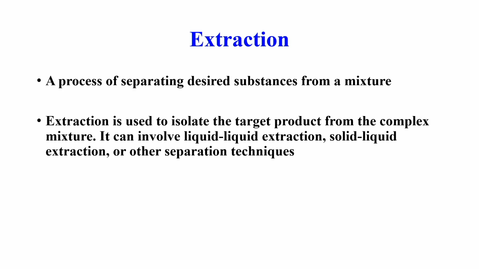So, extraction, what is extraction? As the name suggests, it is a process of separating a desired substance from a mixture. And how is it done? It is used to isolate the target product from a complex mixture, and it involves liquid extraction, solid liquid extraction or other separation techniques.